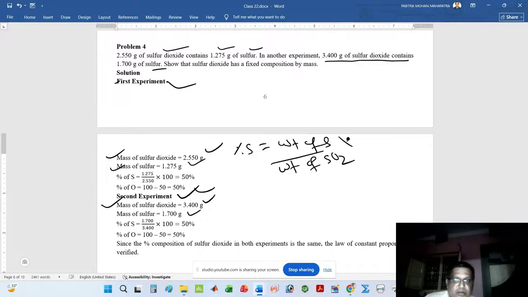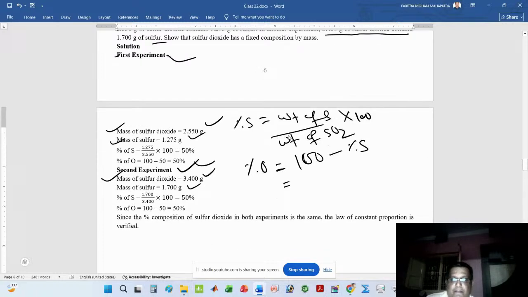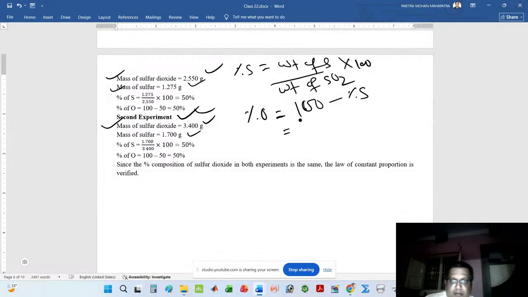Similarly, for percentage of oxygen, you can use the formula 100 minus percentage of sulfur, or you can apply this formula: weight of oxygen divided by weight of sulfur dioxide into 100.